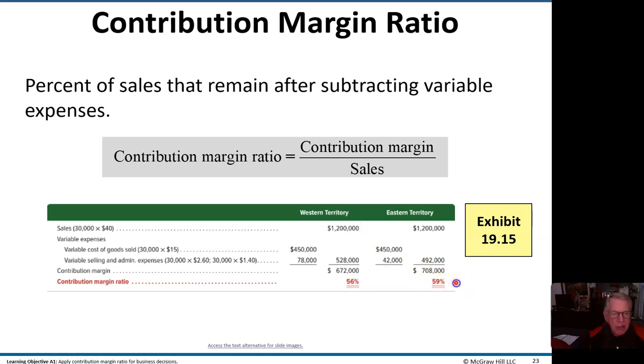But Eastern territory is going to be 59%, a little bit better than Western territory, and it's computed by taking $708,000 and dividing that by $1.2 million.